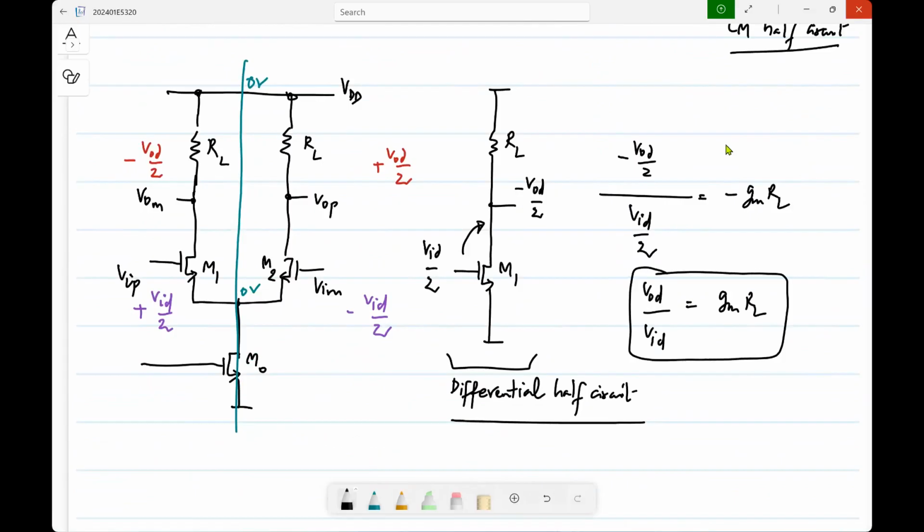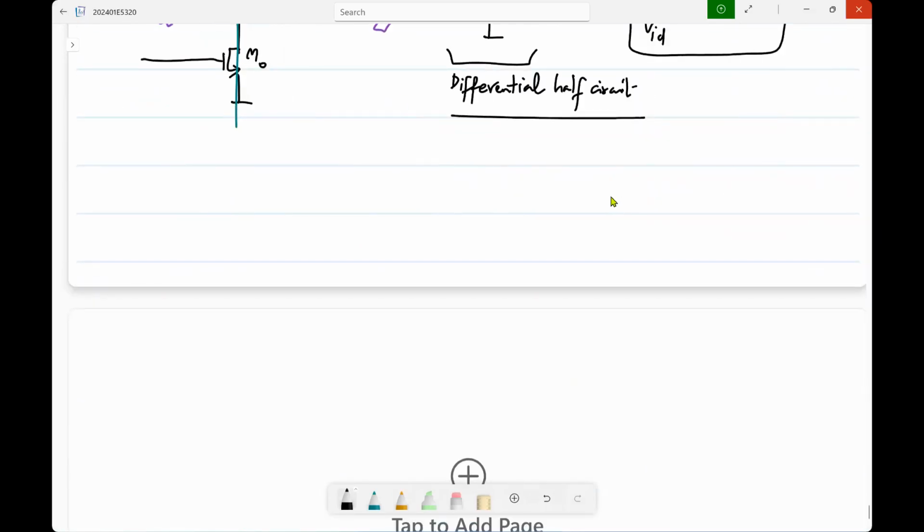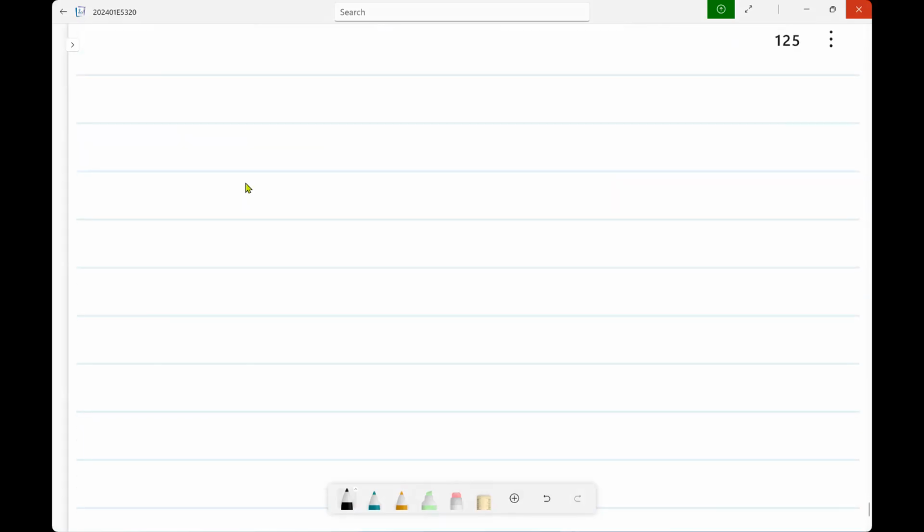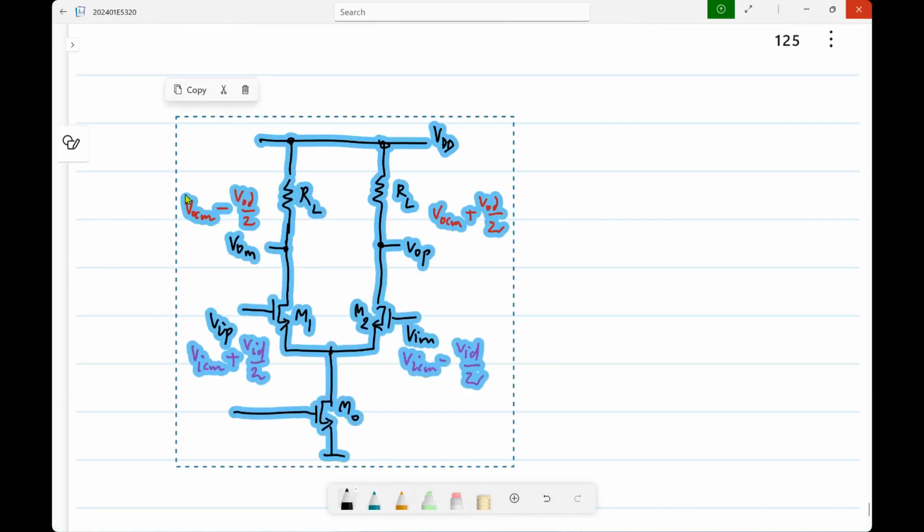Is this okay? Any questions? Now let me take maybe a slightly more complicated case.